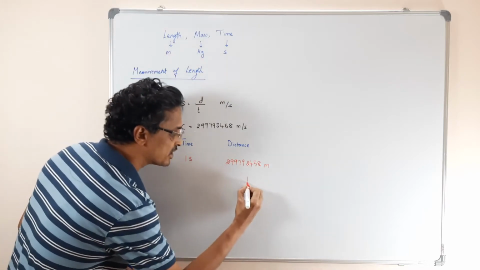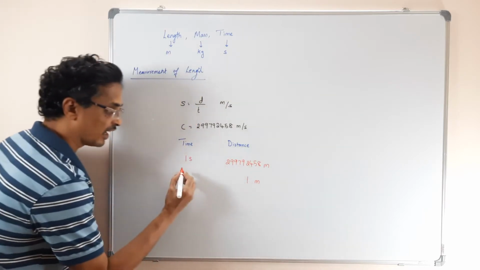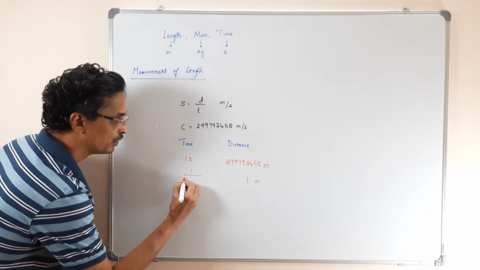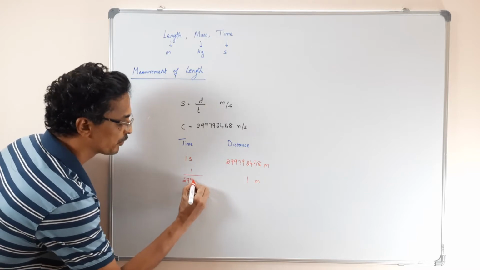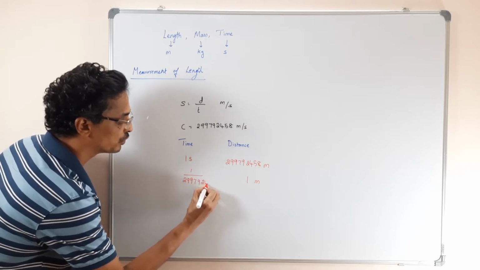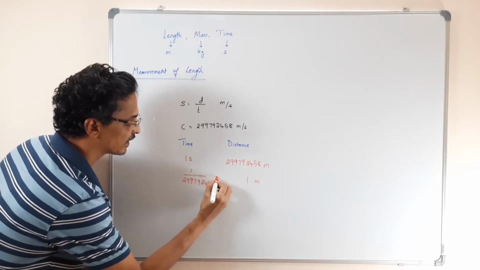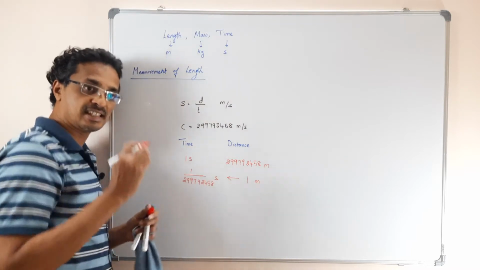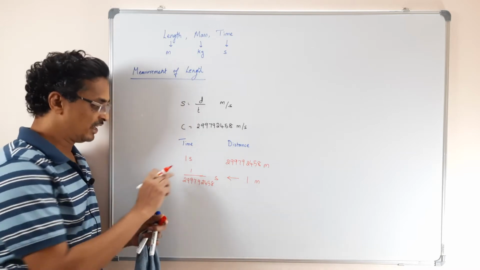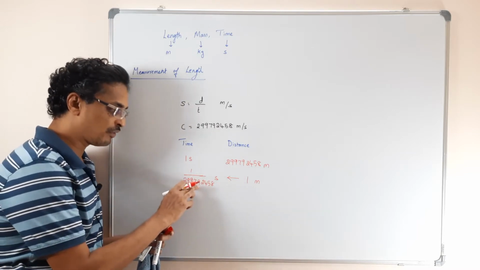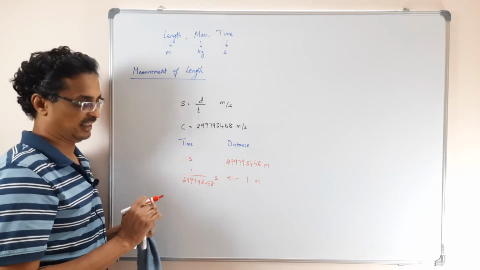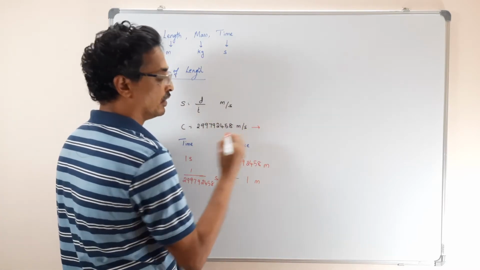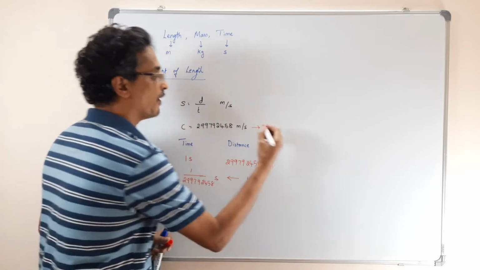Therefore, for 1 meter, the light travels for how much duration? 1 divided by 299,792,458 second. So 1 meter is defined as the distance traveled by the light in 1 upon 299,792,458 seconds. And remember, I forgot to tell you, this is the speed of light in vacuum.